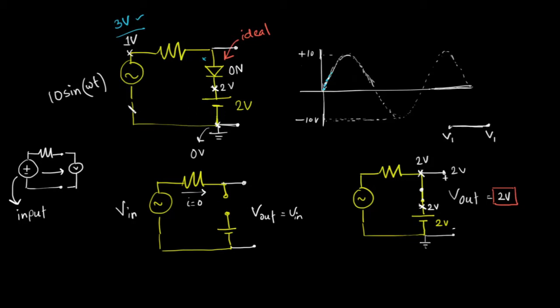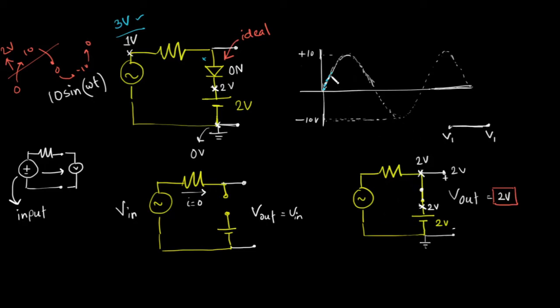My input voltage goes from 0 to 10, then it returns to 0, then it goes to minus 10, then it goes to 0, and it keeps cycling like this. So for all voltages greater than 2 volt, my diode will remain on, and as long as my diode remains on, my output will remain fixed at 2 volt. So what will the output look like?